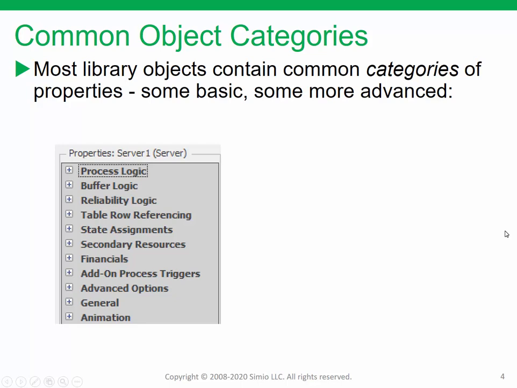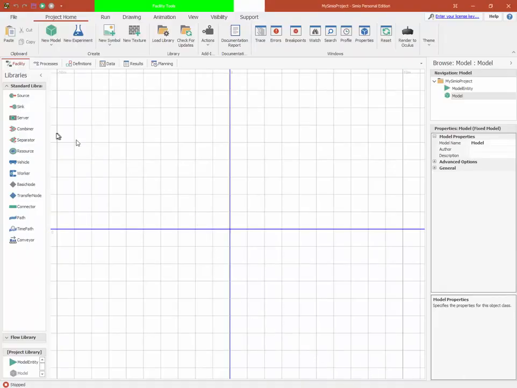These categories are common across multiple objects in the standard library. All of the objects have process logic, many of the objects have buffer logic and reliability logic, and so on. So once you get used to working with the property categories, that knowledge is useful across the entire library.